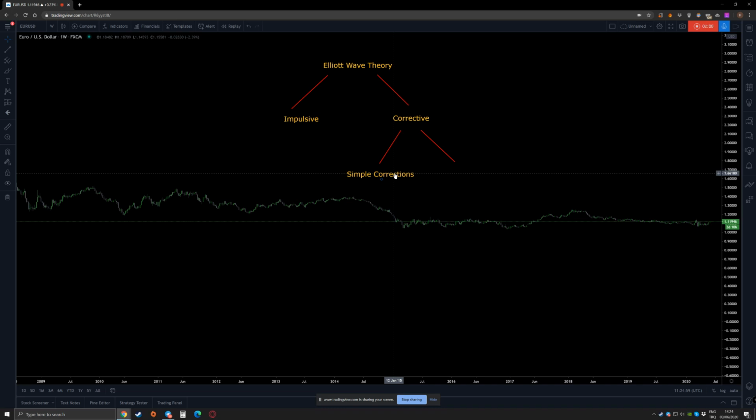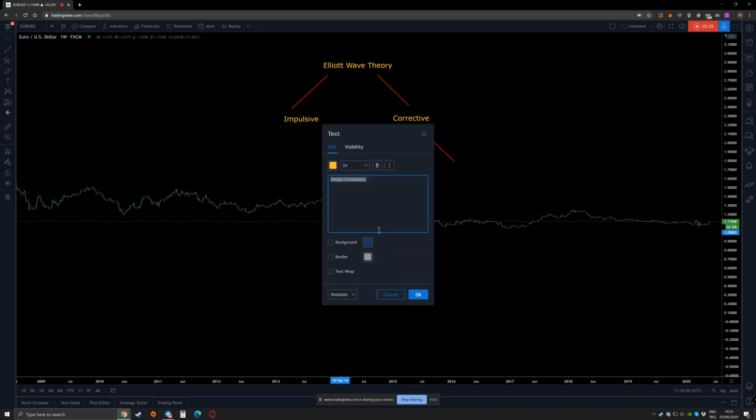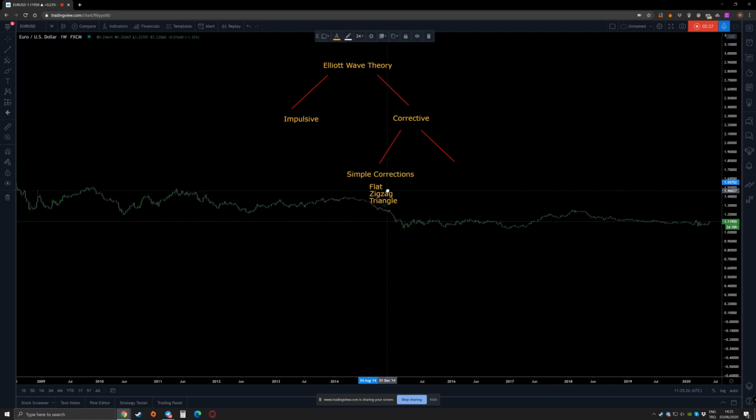If you're looking for a simple correction, this pattern can either be a flat, a zigzag, or a triangle. There's no other way. It can be a flat as a simple correction, a zigzag as a simple correction, and a triangle as a simple correction.